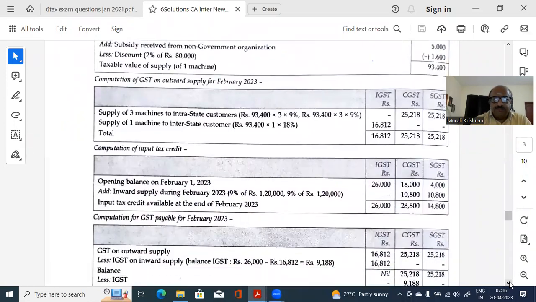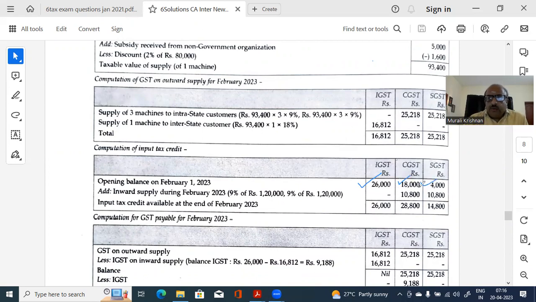Now see, what is the opening balance? This is as per the problem. As I told you, you have to be careful writing here. CGST has to be written. Better to follow this format: IGST first, CGST, SGST. But what is coming in the problems is given in the problem, but you have to be careful writing it as I told you. 18,000 this. Now these are not equal.